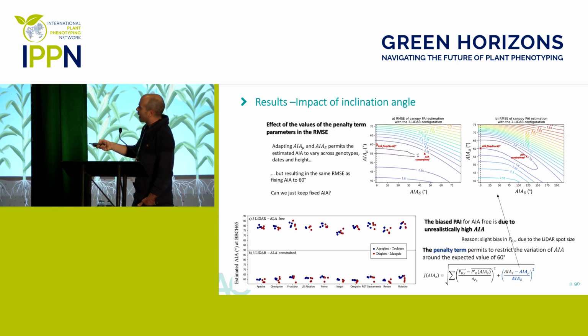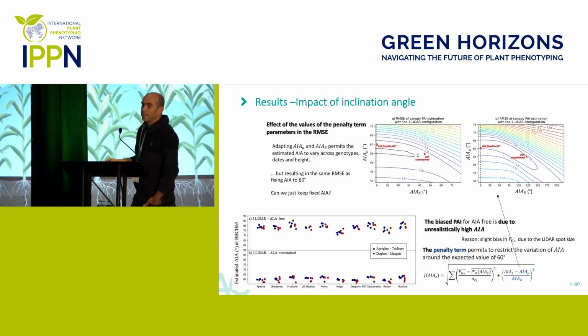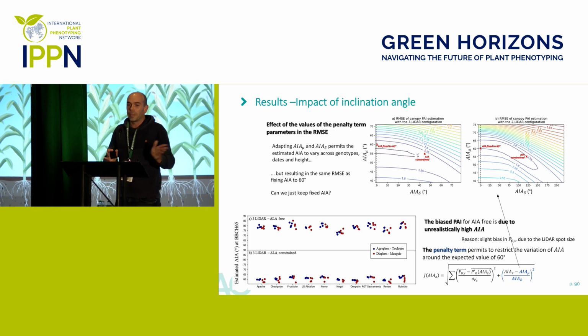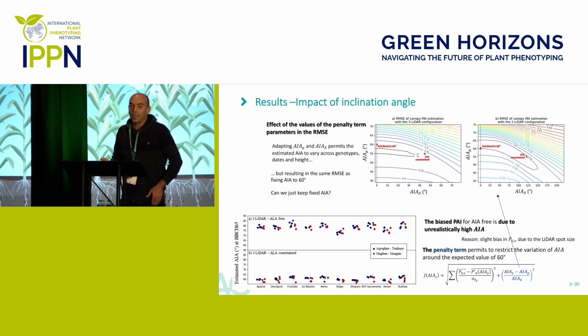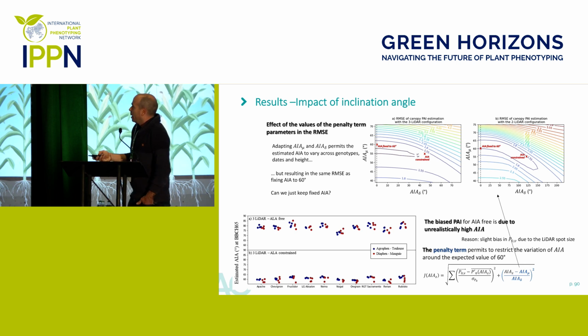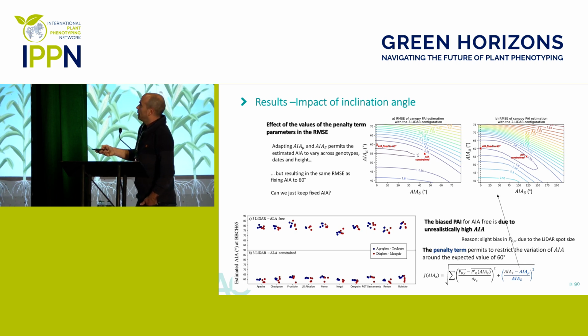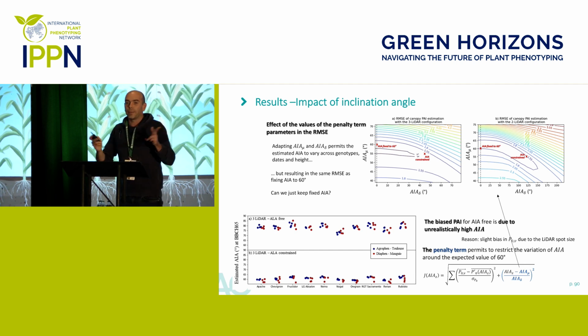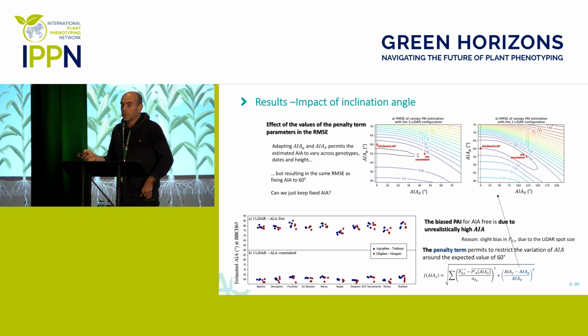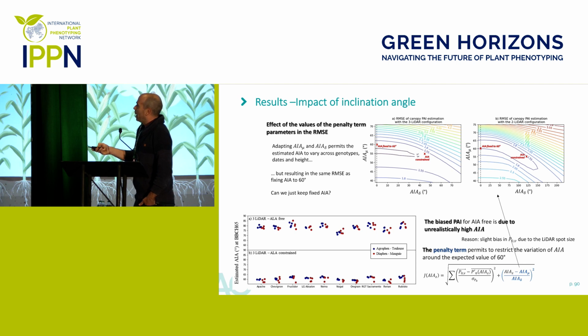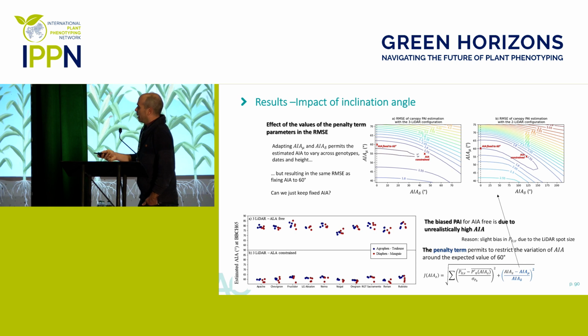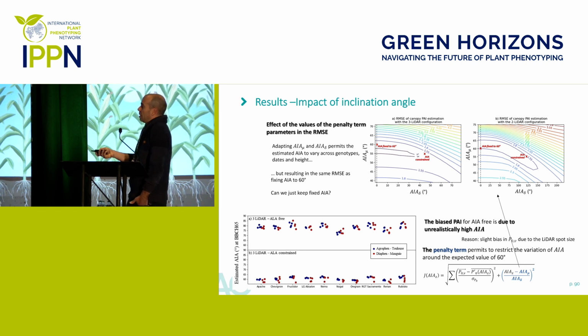So basically there is a big area in the space of parameters where you can adapt the values of both parameters, but the root mean square error is basically the same. We can adapt these parameters to let the average leaf angle vary across genotypes, but we have more or less the same error as if we fix the average inclination angle to 60 degrees.